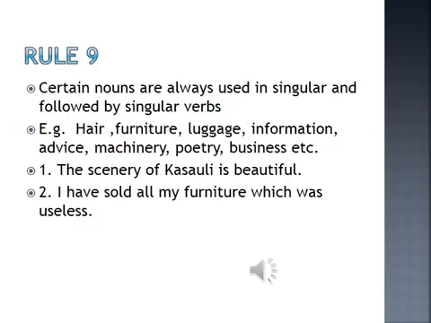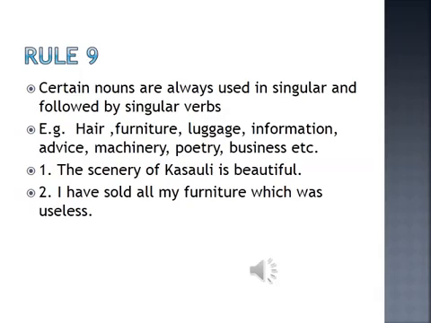Rule number 9 on spotting the errors. Certain nouns are always used in singular, and therefore they are always followed by singular verbs. If you take the example of furniture, luggage, you'll find that they are always used in singular.